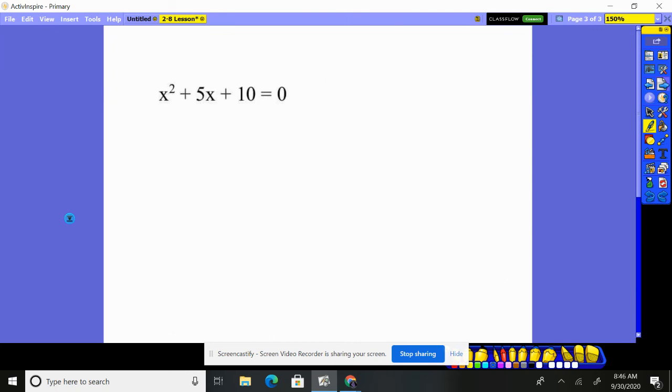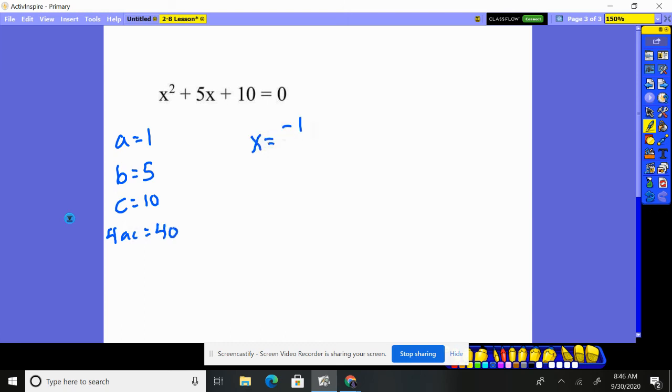No problem. Well, let's say we have this, because we do need to look at one last situation. A is 1, B is 5, C is 10. So 4AC, 4 times 1 times 10, is 40.